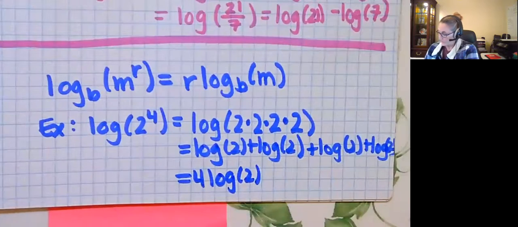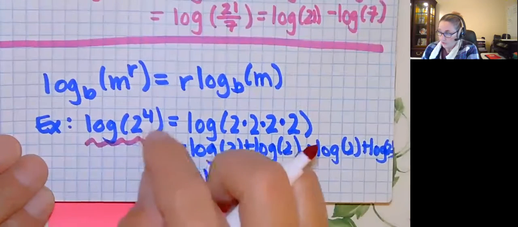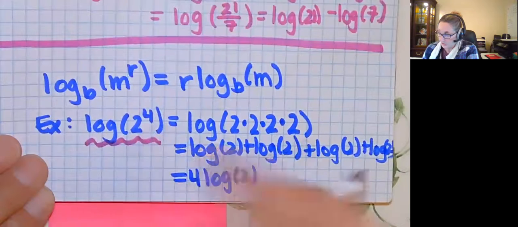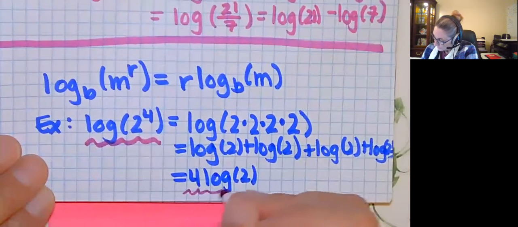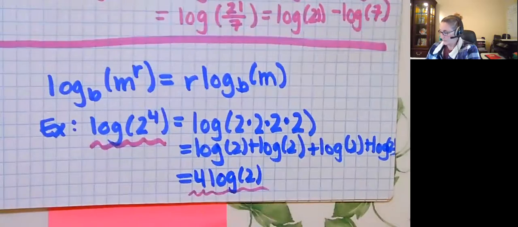So what happens again is when you have this, where you're taking log of something to a power, the power is going to move in front and multiply. Okay.